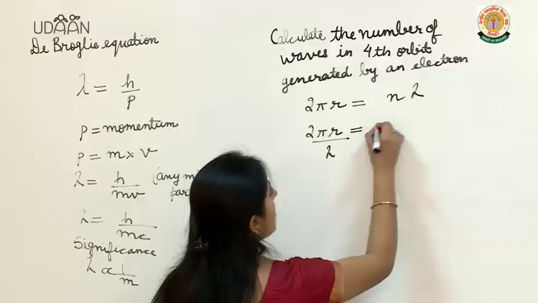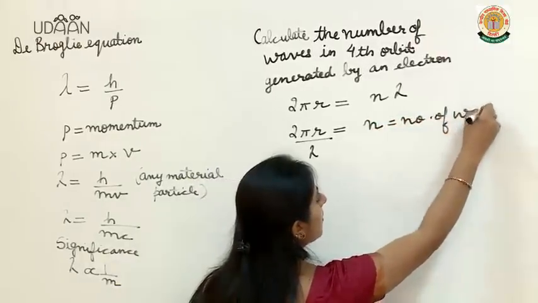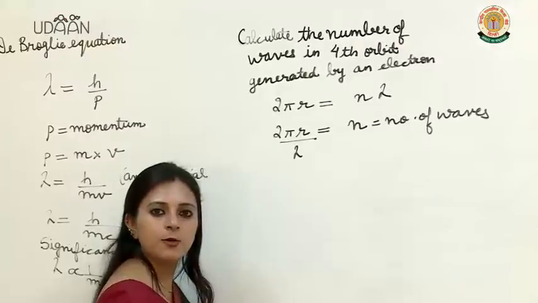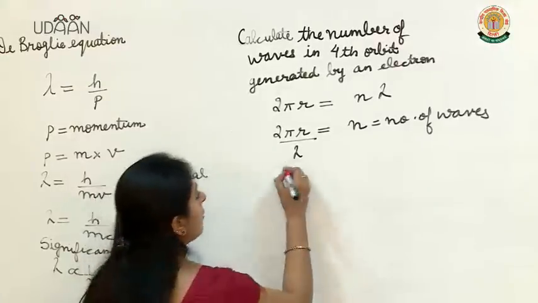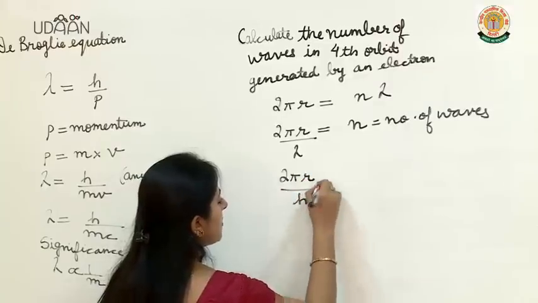So that means the number of waves is what? If I have to find the number of waves, my formula is 2 pi r by lambda is equal to n. Now by the de Broglie relationship we know that lambda is equal to h by mv.